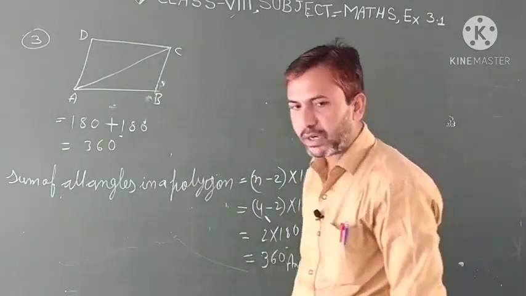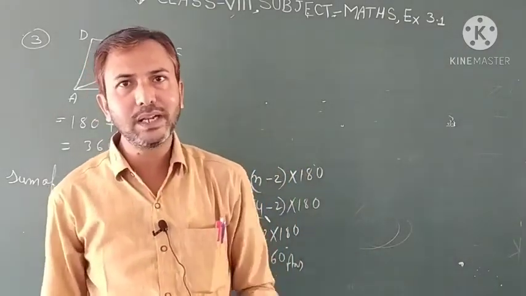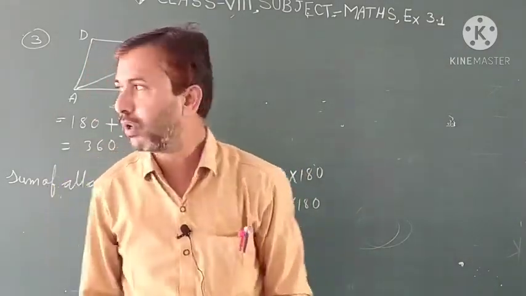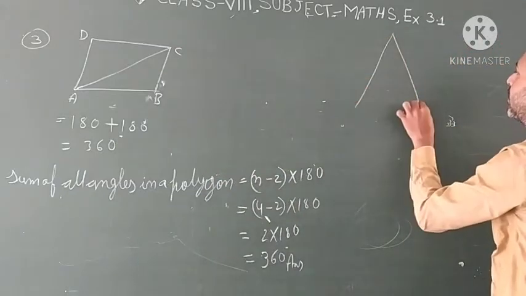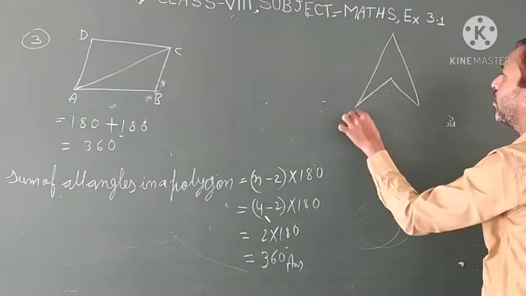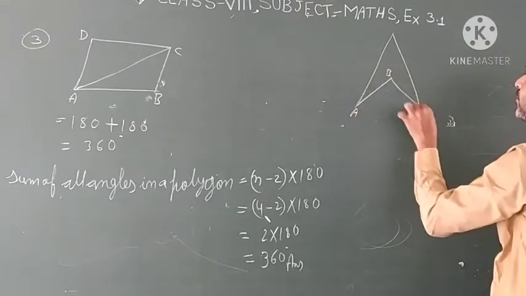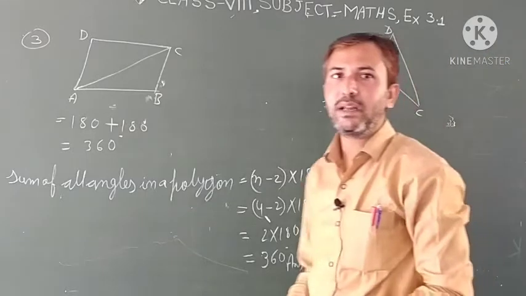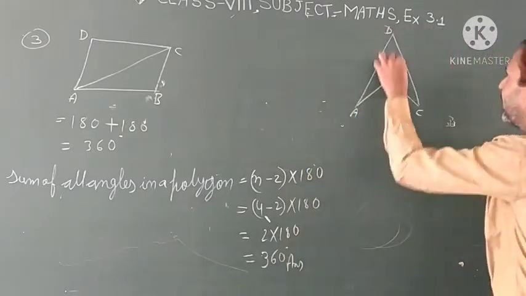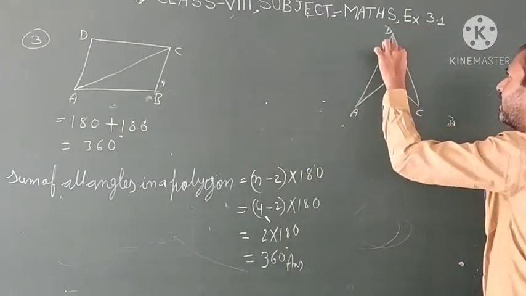Now the second part: what if a quadrilateral is concave, not convex? So I am drawing a quadrilateral here, which is concave. It is a concave quadrilateral, and in the same way I draw a diagonal in it.